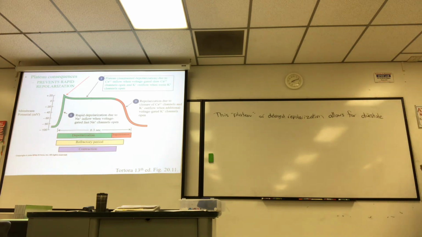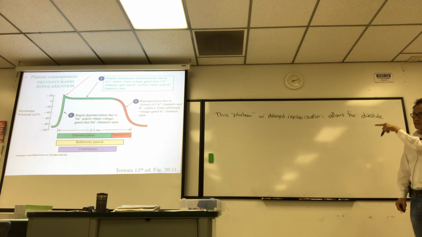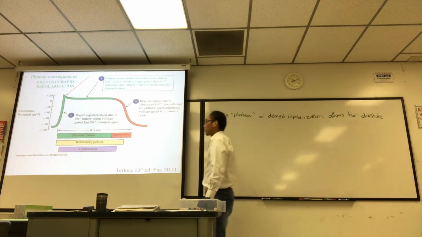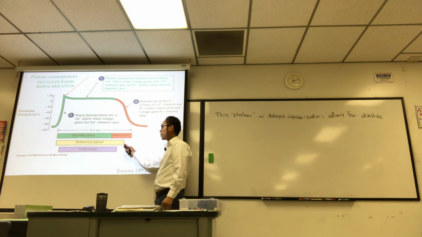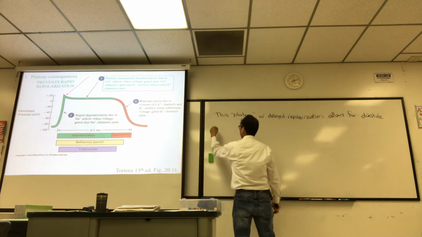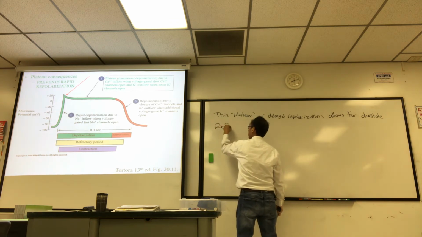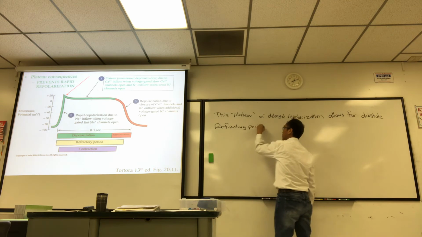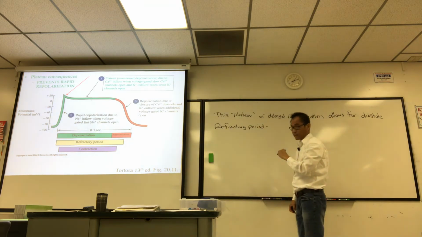Okay, so, well, why? Well, let's keep track of some things here. Let me first start by defining something. It says it right here, refractory period. In physiology, it basically means a period of insensitivity.